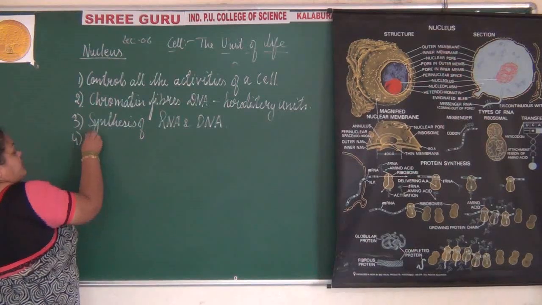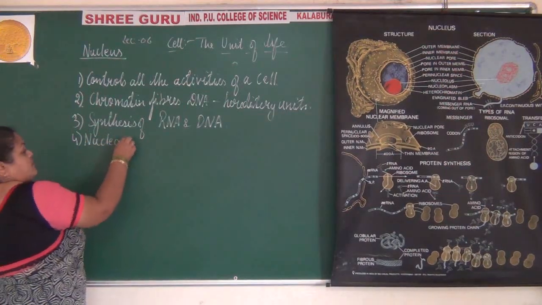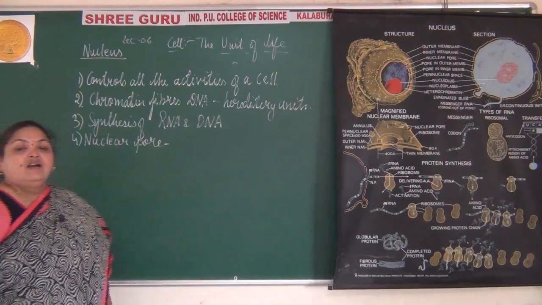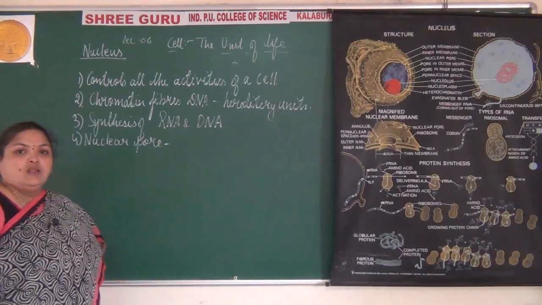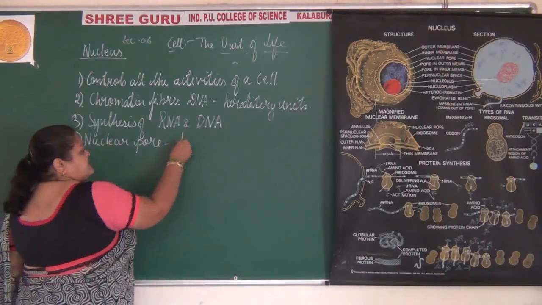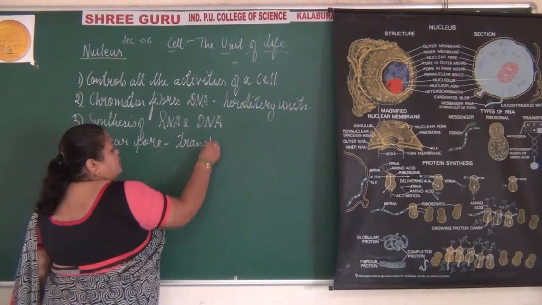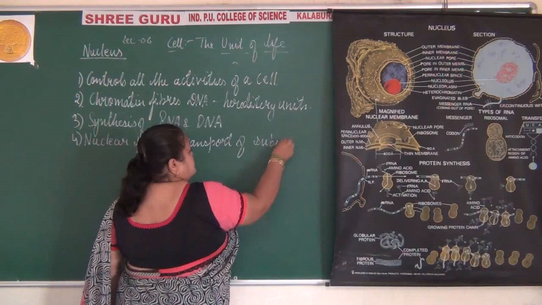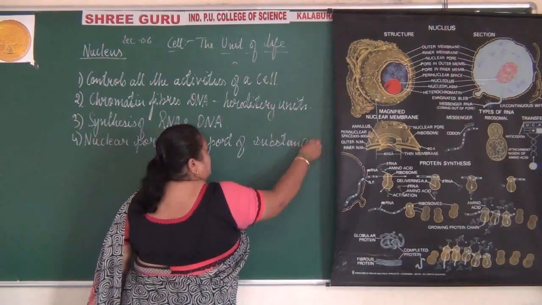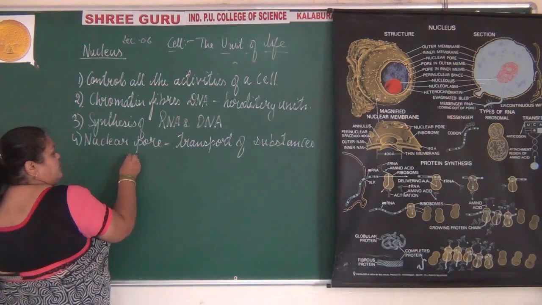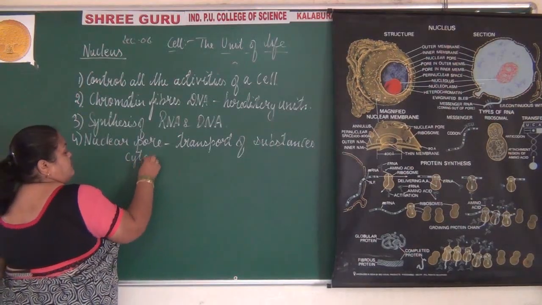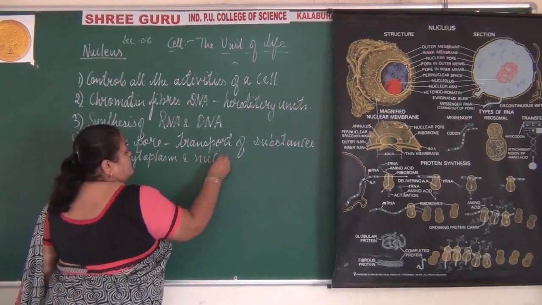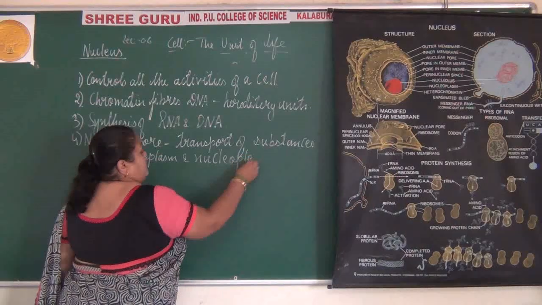While the nuclear core is helping in the exit of the ribosomal subunits, or we can say it is helping in the transport of substances between the cytoplasm and nucleoplasm.